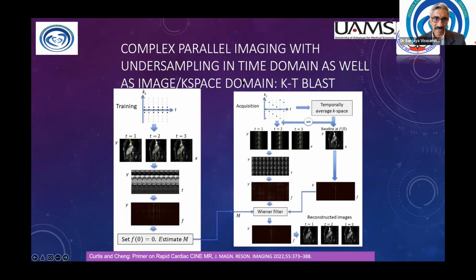So potentially what they're talking about here is that you not only can do acceleration in the K space, but you can also do it in the temporal domain as well, in the time domain. And you get something which is very complicated, such as this, using various different filters to basically get reconstructed images using both K space and temporal domain undersampling.